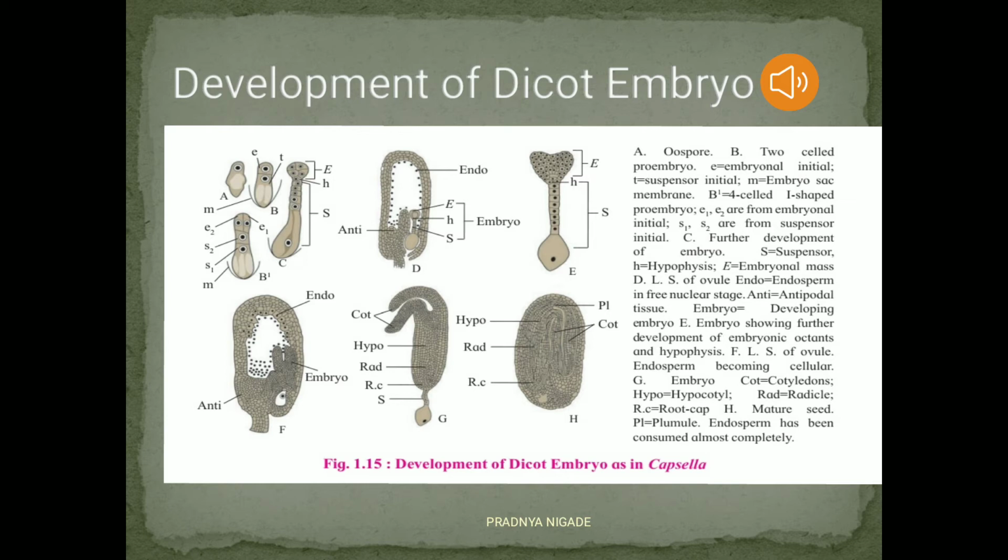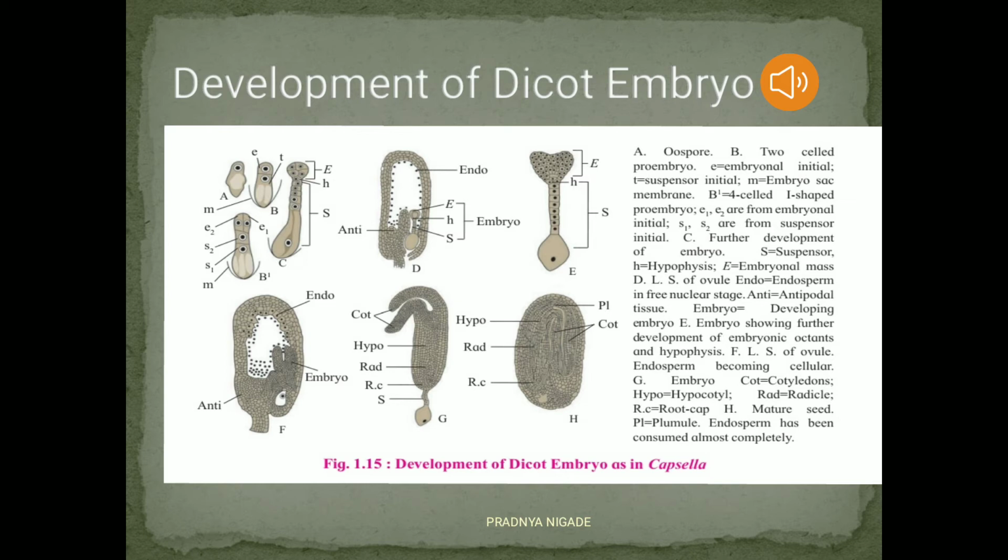The number of cotyledons varies in monocot and dicot embryo. The number of cotyledons in monocot is 1, and in dicot it is 2. The hypophysis by further division gives rise to part of the radicle and the root cap. Later, the cells in the upper tier of the octant divide in several planes and become heart-shaped.